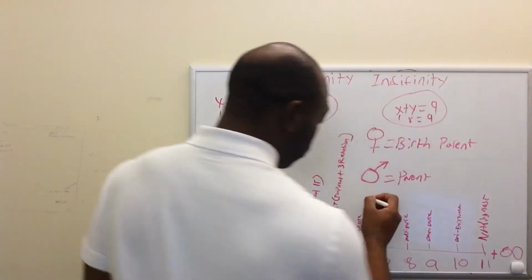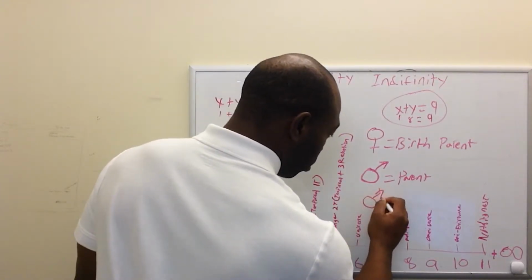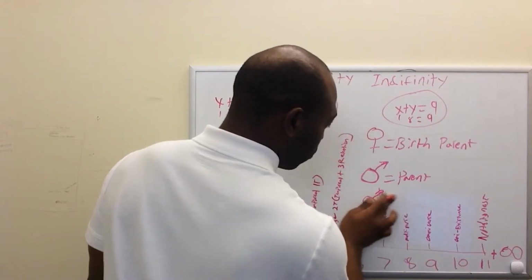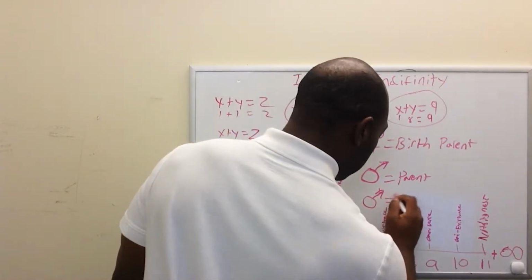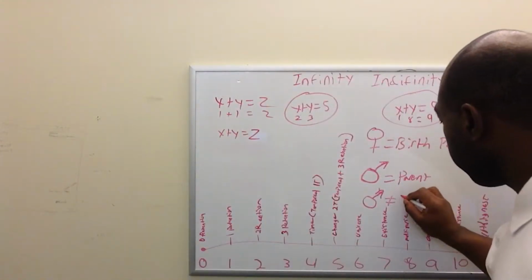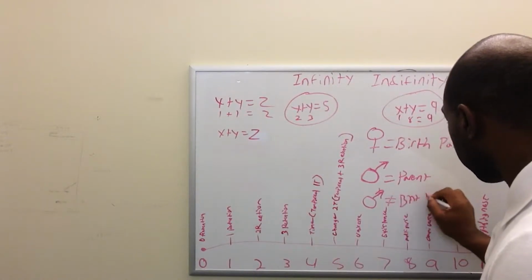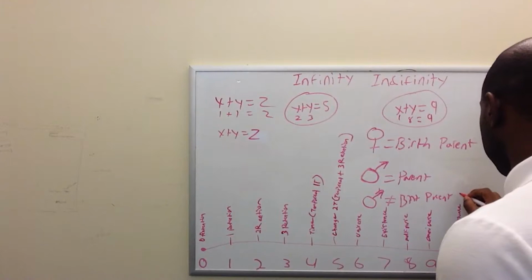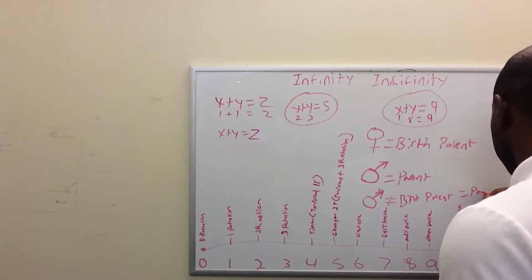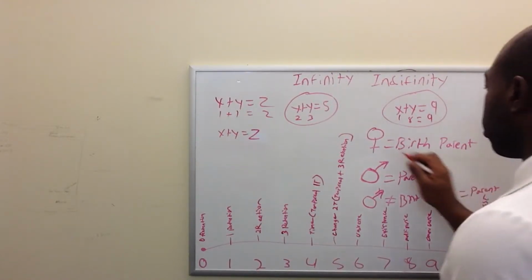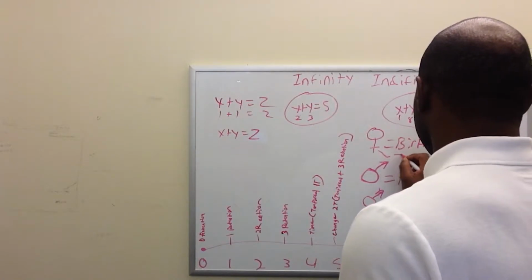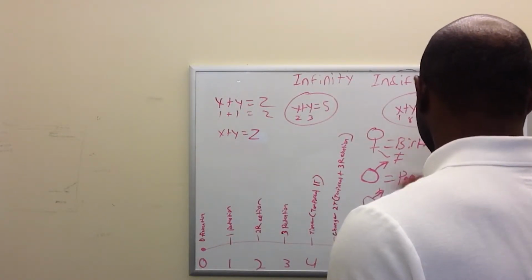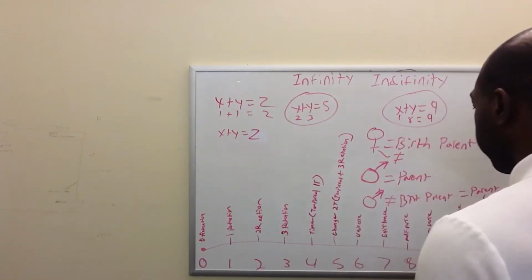This symbol is not, well, I'll use the symbol, is not equal to birth parent. But it is equal to parent. This symbol is not equal to... I need another value for this.